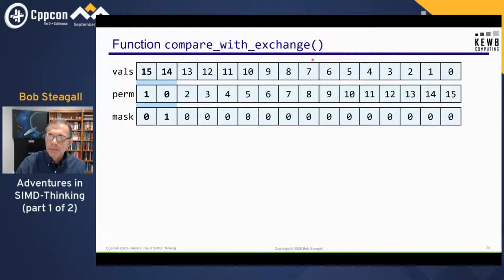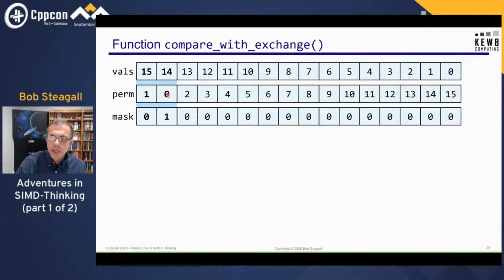Here, for simplicity, we're going to compare and exchange the first 2 elements. So here are my original values. I've got the register full, from 15 to 0, sorted in descending order. I've specified a permutation register. For the value in location 0, I want to compare with the value in location 1.